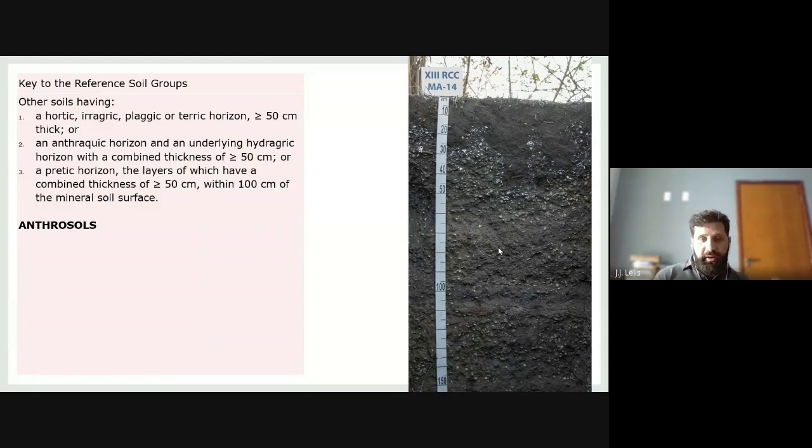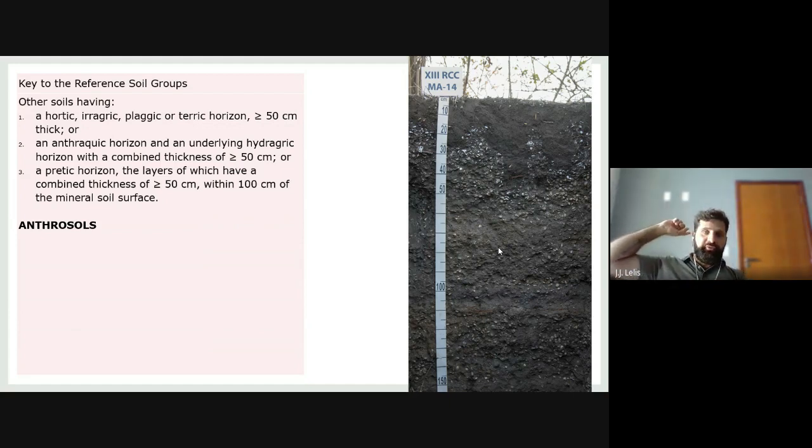No, the pretic horizon should possess at least 50 centimeters of thickness. If it possesses less than that, it's another reference soil group. So watch out. We can't classify soil only by identifying the diagnostic horizon.